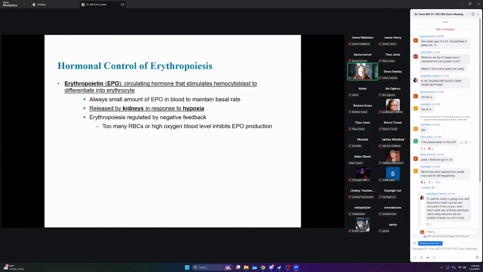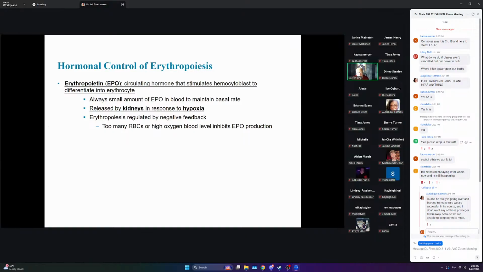So in that case, the kidneys would release that hormone called erythropoietin, and the erythropoietin would head toward the red bone marrow where new blood cells are being formed, coming from those stem cells, hemocytoblasts, which, if you remember, can become either an erythrocyte, a leukocyte, or a platelet.